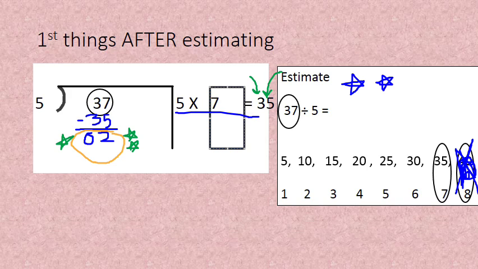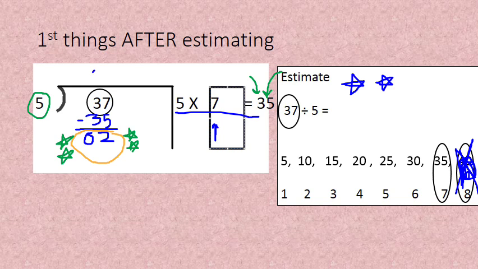We either need to figure out if we are going to multiply groups of 5 again, subtract again, or whether we are done and we have a remainder. So I have 2, but I need to make groups of 5. Can I make a group of 5 from 2? Since I cannot make a group of 5 from 2, I know that I am done.